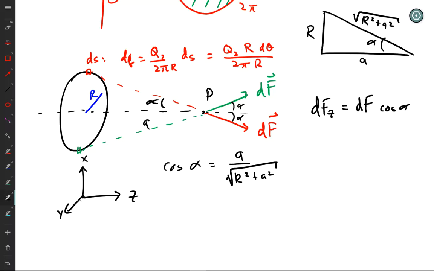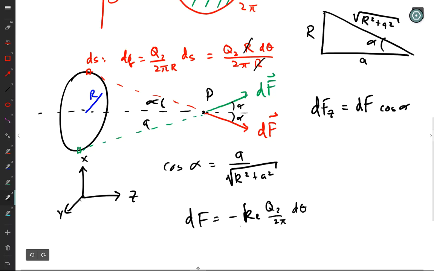So now I just need to find what df is again and integrate. So what's df? Minus ke, and then I'm going to have the dq, which is, notice these r's actually cancel in the dq. All over, and now this is going to be the distance from point P to the wire, which is that same hypotenuse squared.